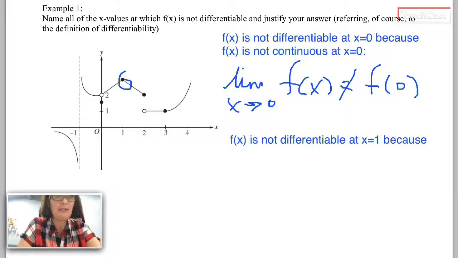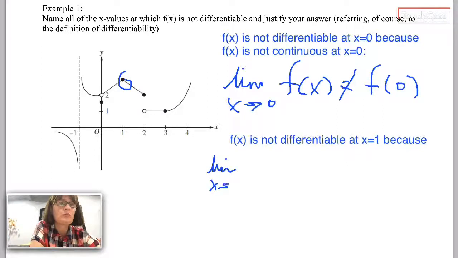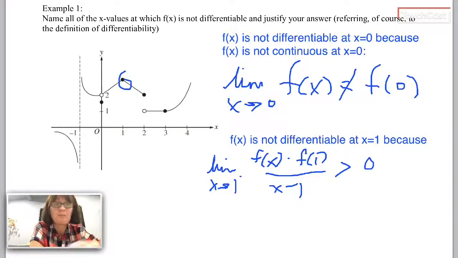So if we want to really justify this, we're going to have to give a reason that we know the two slopes are not equal. I have not given you enough information to compute the slope exactly, so I might write something like this. F of x is not differentiable at x equals 1 because the limit as x approaches 1 from the left of f of x minus f of 1 over x minus 1 is greater than 0. I can tell the function is increasing, going uphill.